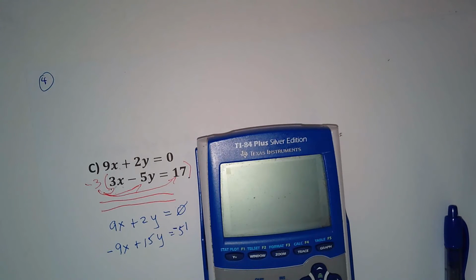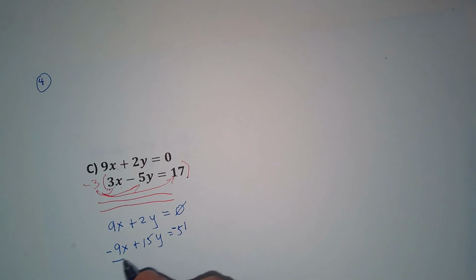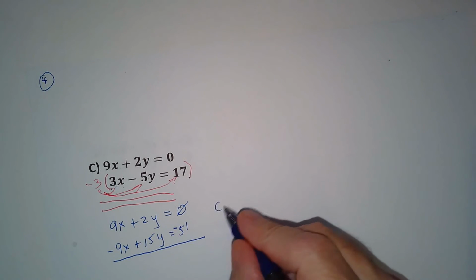And so I'm going to take 17, and I'm going to multiply that times negative 3. And indeed, it's negative 51. Okay?